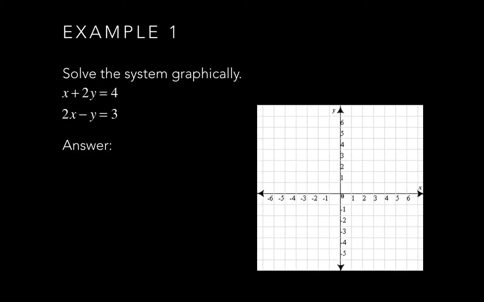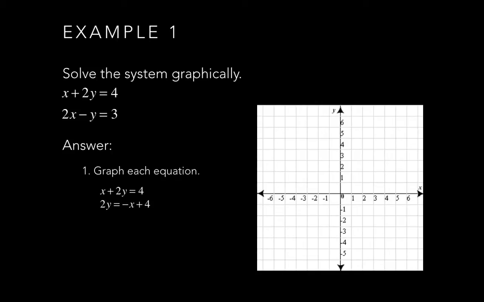Now we're going to solve our system, and we're going to do so through graphing. In order to solve our system graphically, you just need to begin by graphing each equation separately. Our first equation, which is x plus 2y equals 4, I'm going to put in slope-intercept form.